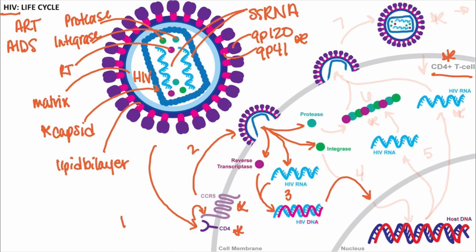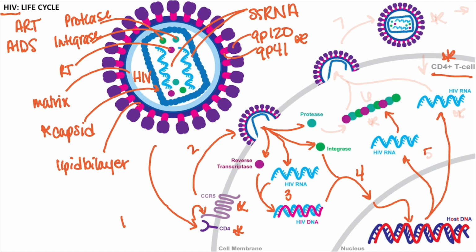The next step is integration, where the HIV enzyme integrase will catalyze the integration of the HIV proviral DNA with the host cell DNA. After the HIV DNA is integrated, the host cell's transcriptional and translational machinery is essentially hijacked.